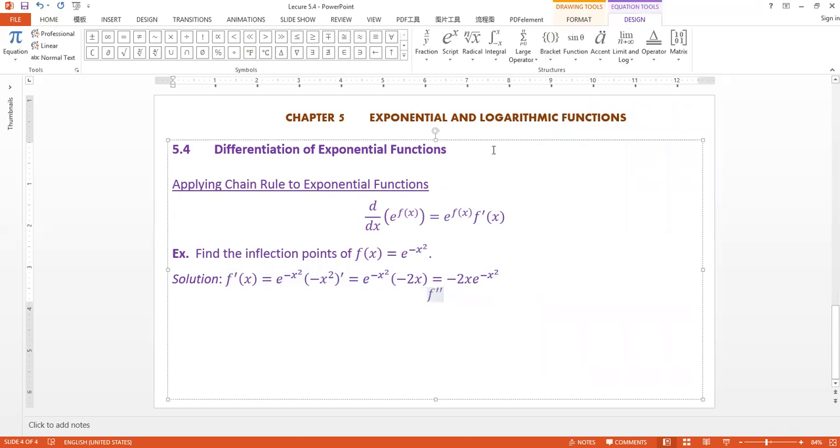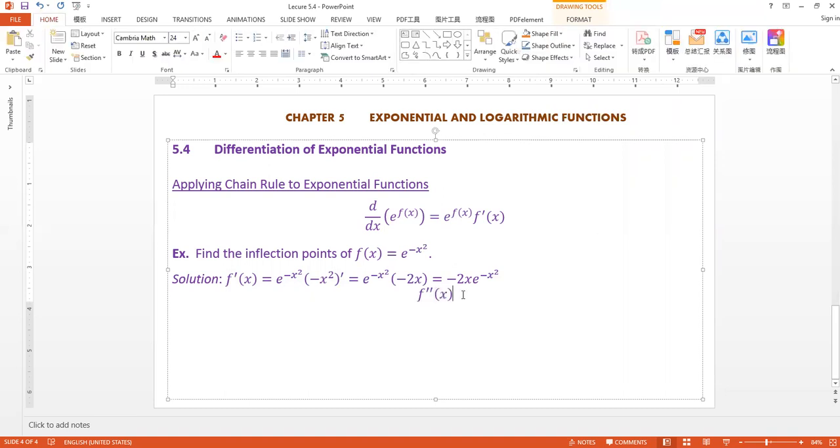So the second derivative of the function is equal to, first, we can identify two functions in here, negative 2x and e to the negative x squared. So that's a product of two functions. And we need to take the derivative of this f prime.